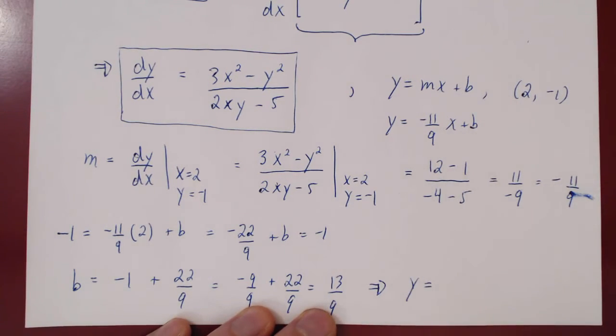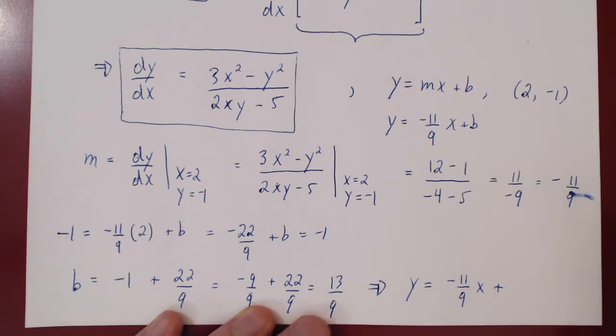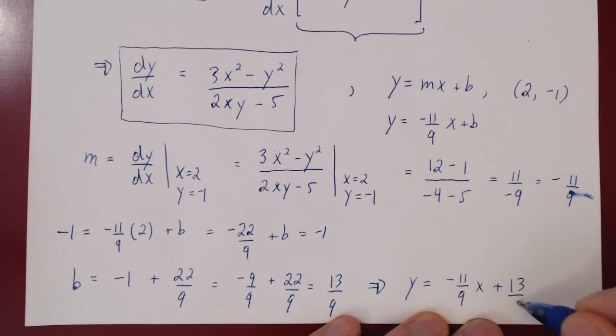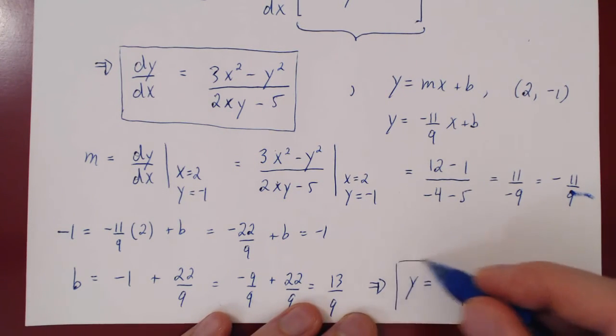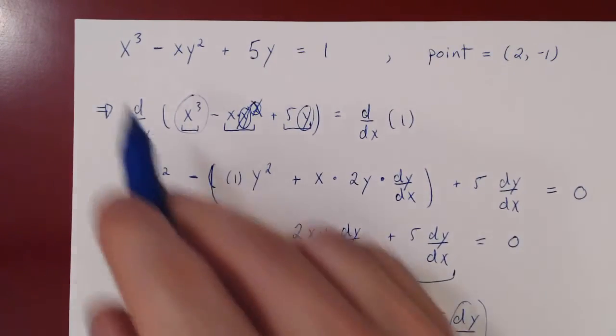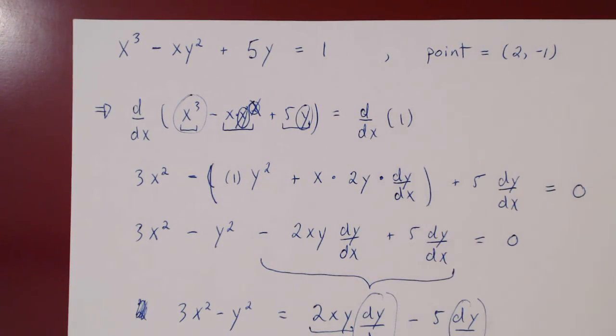Y is mx plus b, m, negative 11 over 9, plus b, which we've just found to be equal to 13 over 9. And there you have it. We have the equation of the tangent line to the curve given by this equation, specifically at the point x equals 2, y equals negative 1.